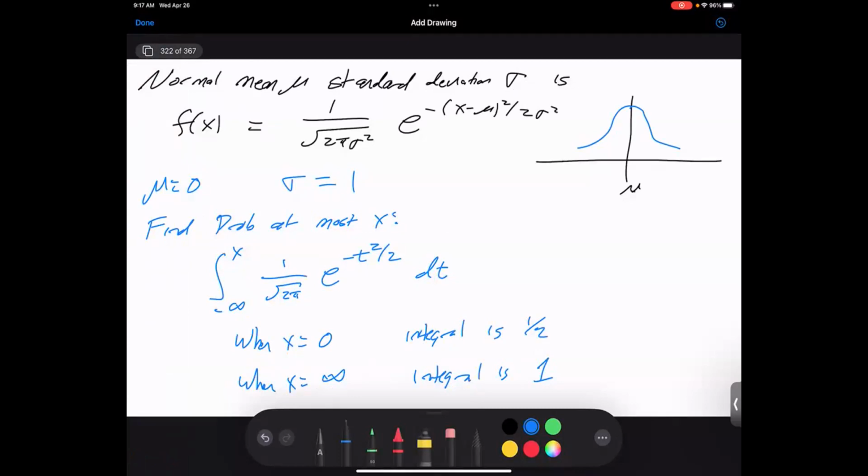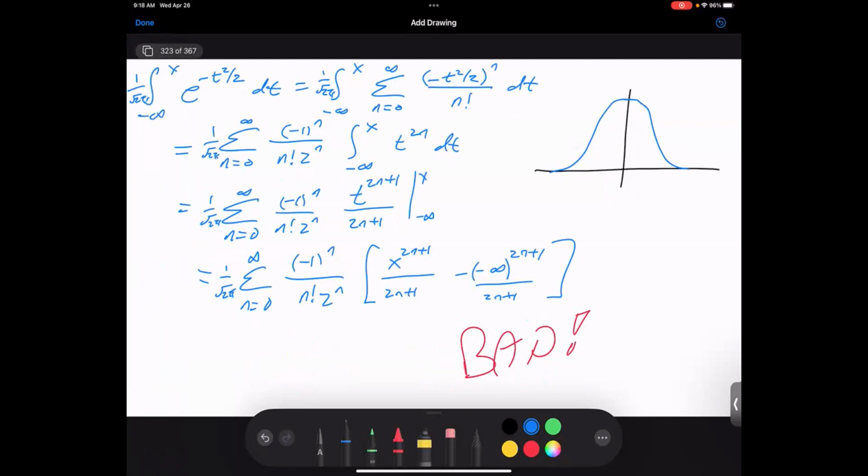So we know the answer when x equals infinity, but we also know the answer when x equals 0. This is a distribution that's symmetric about 0. So the integral on the left half is the same as the integral on the right half. And so what do those have to be? They both have to be a half. So we know the answer is 1/2.